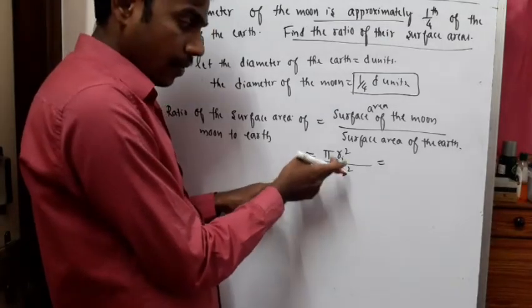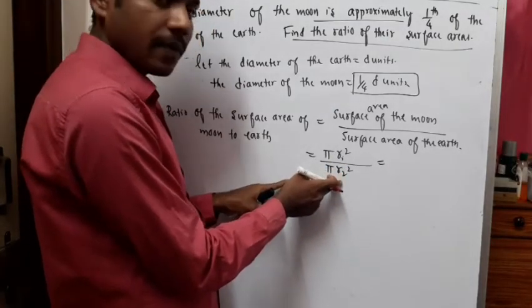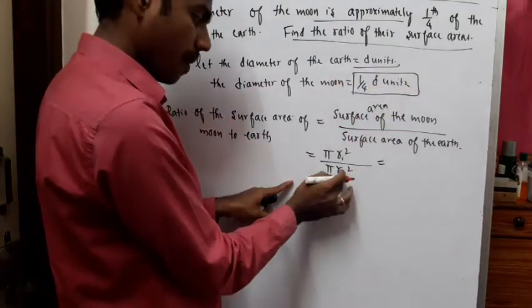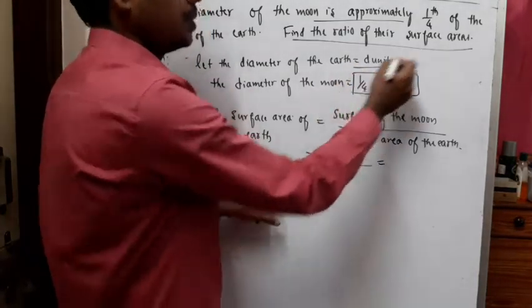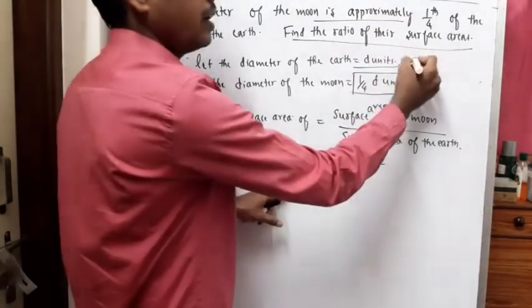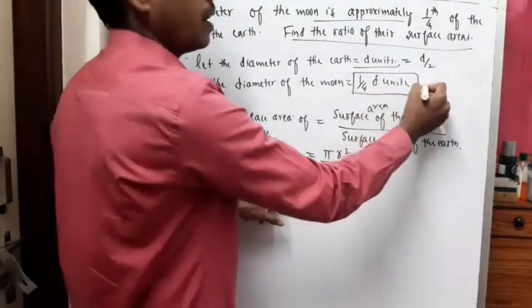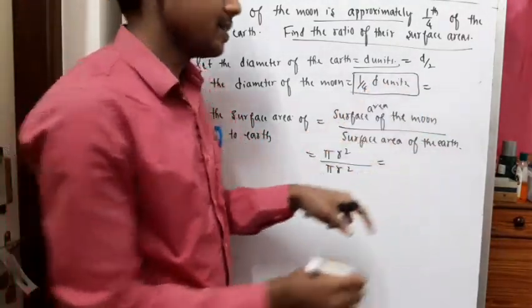I want to keep the radius of earth as it is. See, diameter of earth is d units, so if it is d, then what is its radius? D by 2. If the diameter of the moon is 1 d by 4, then what is the radius? D by 8.